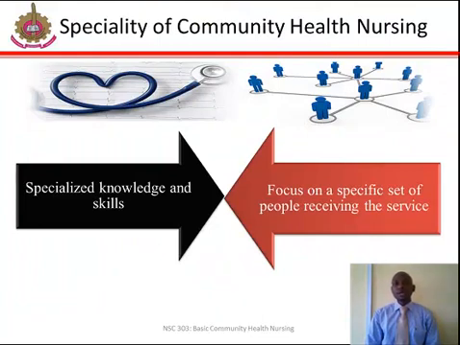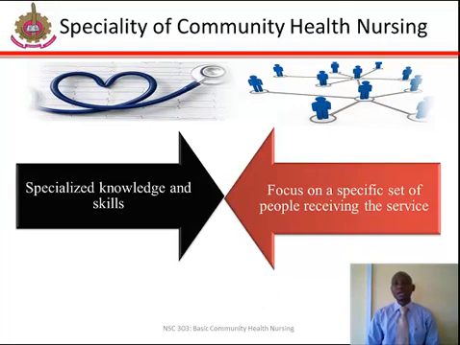Now, the specialty of community health nursing. The two main characteristics of any specialized nursing practice are specialized knowledge and skills, and a focus on a specific set of people receiving the services. As the name implies, a specialized nursing practice involves acquiring specialized skills and professional etiquette so as to perform effectively.